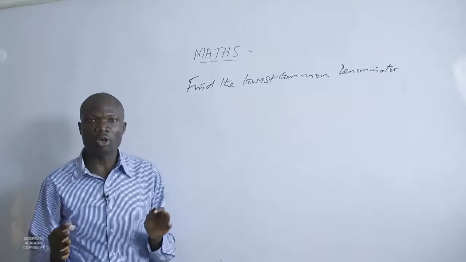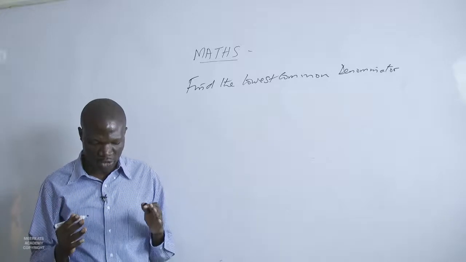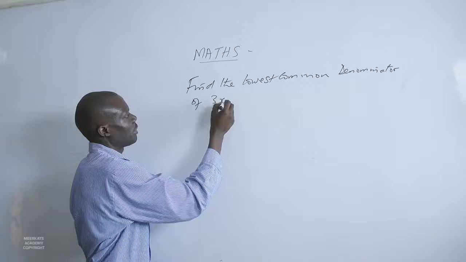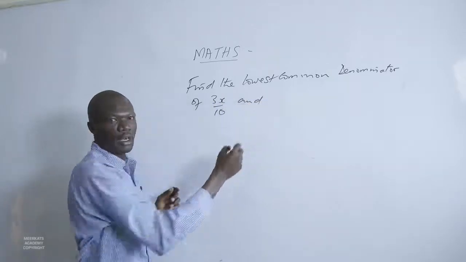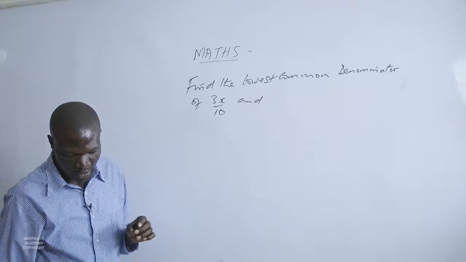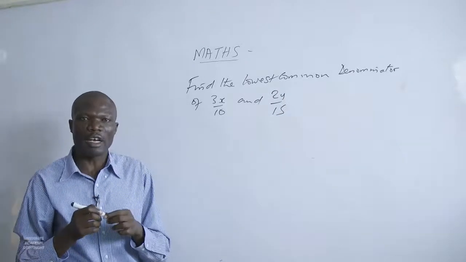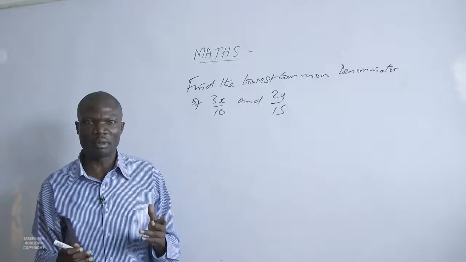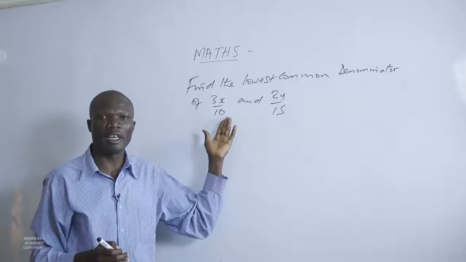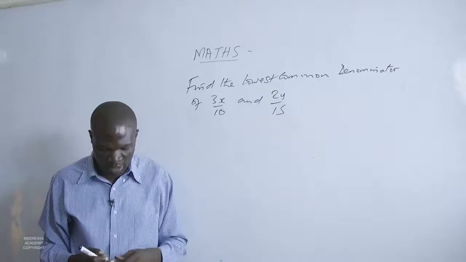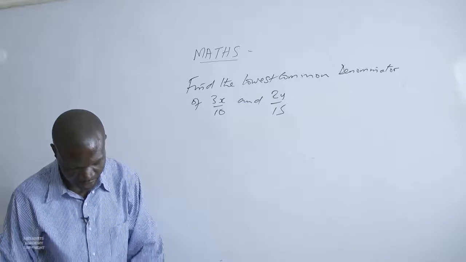Find the lowest common denominator of the following: 3x over 10, and 2y over 15.